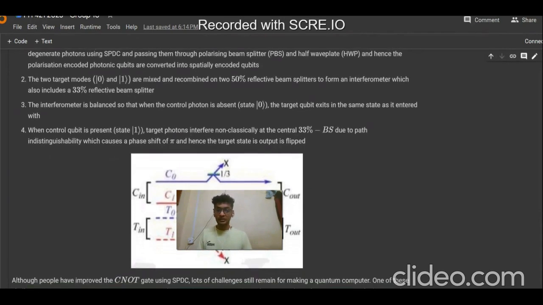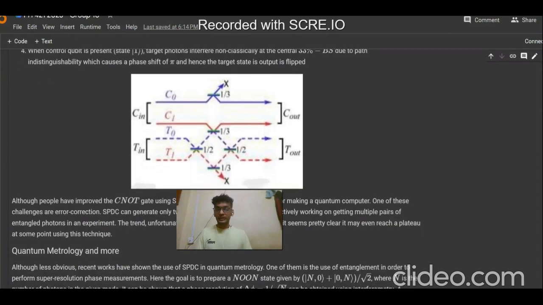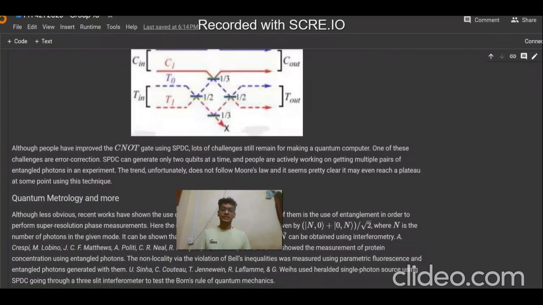So this was how the CNOT gate was realized, although it was a probabilistic gate because of these beam splitters being one third and one third. So it gave the correct result once in 9 times. But it was the first step towards realizing an actual quantum computer.